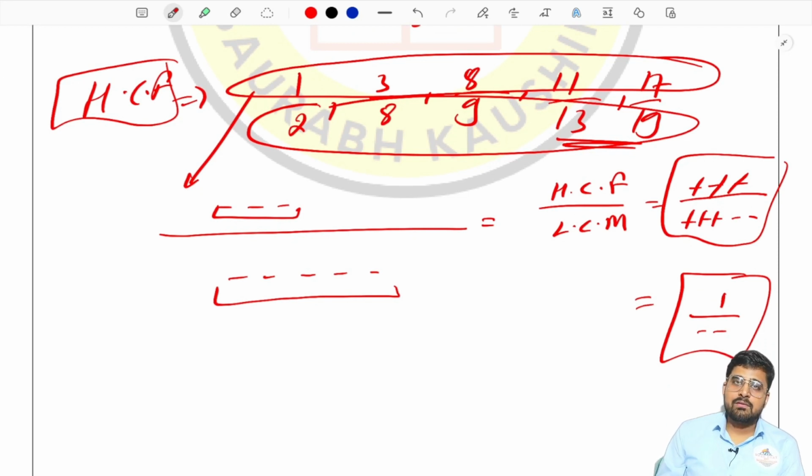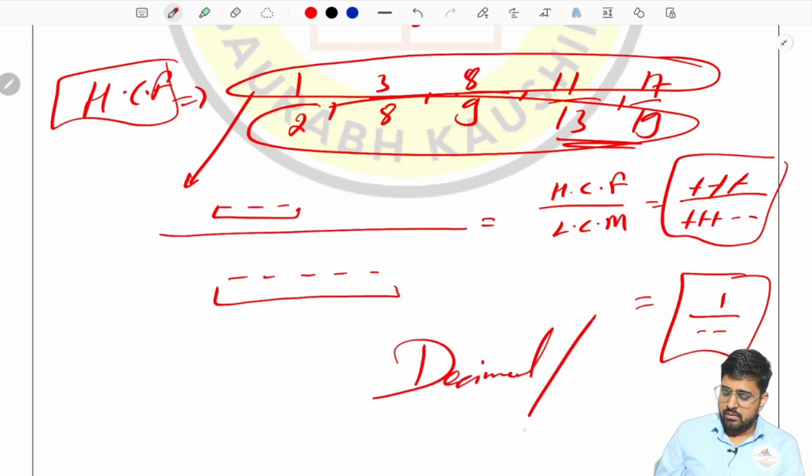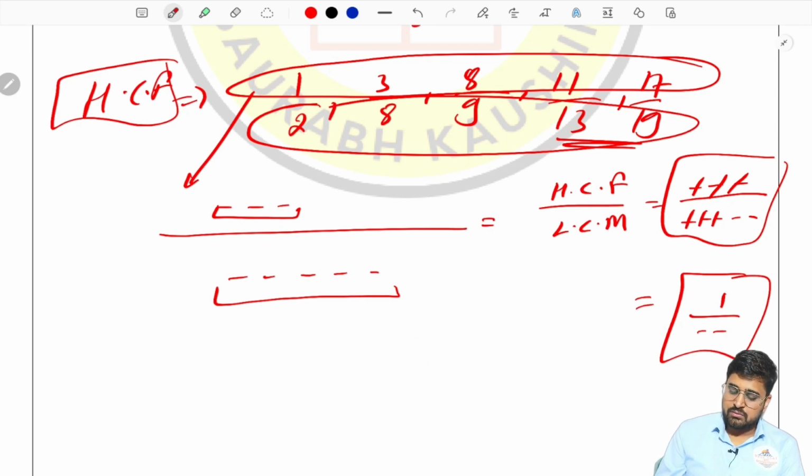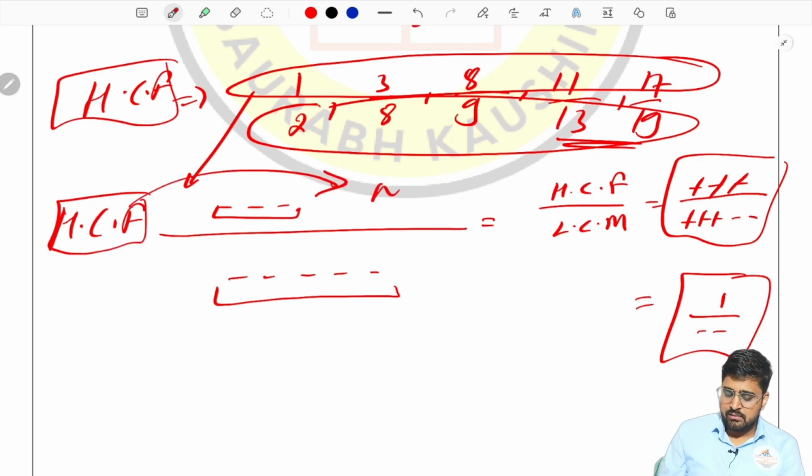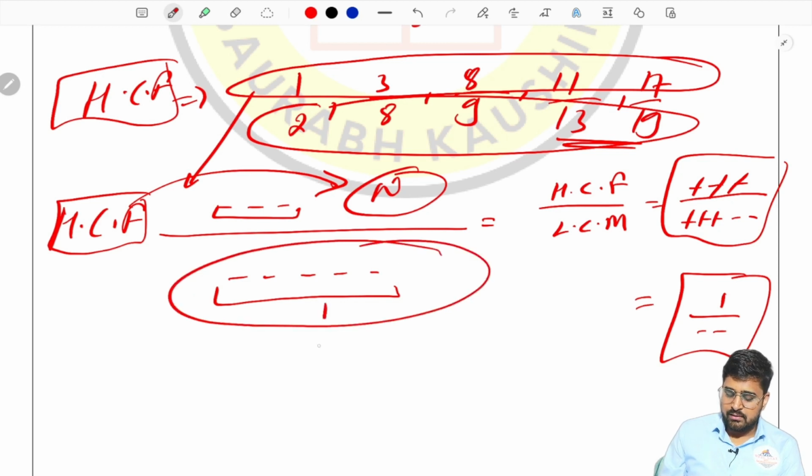It will always give you a number in decimal or in fraction. You can solve this, you will get the answer. Or take any example, you will always find that if you are taking the HCF of numbers, then the numerator will always be smaller, but the denominator will always be bigger.